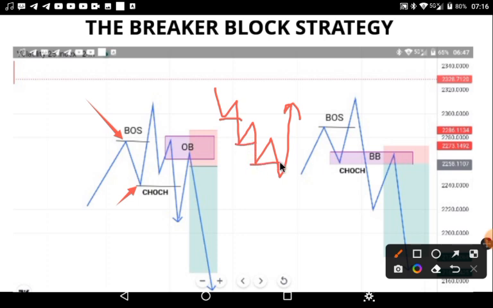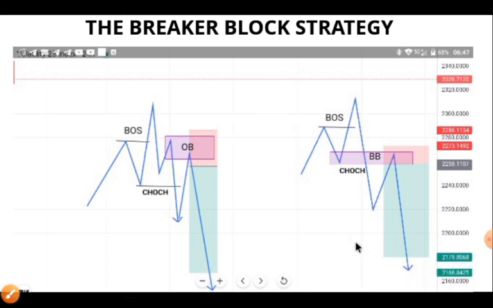But whenever it turns back and then breaks in the opposite direction, we call it change of character. That is exactly what break of structure and change of character are, and I believe everyone understands it now. So let's go straight to talk about a breaker block.